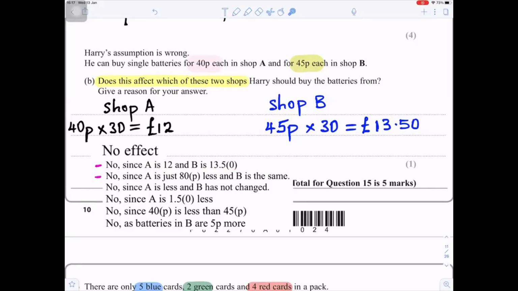Or you can work out the difference, since A is just 80 pence less than B. Or you can say since A is £1.50 or less. These are other reasons you can give. But the first one, A is £12 and B is £13.50, is enough to get you the full marks.